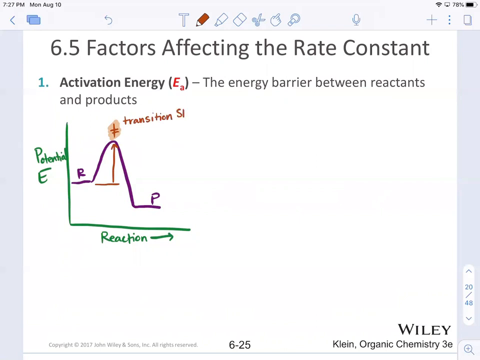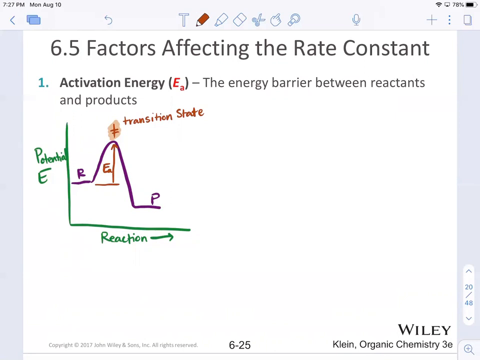And the amount of energy separating the reactants and that transition state is what we call the activation energy. So it's the minimum amount of energy required for a molecular collision to result in a reaction. And that energy barrier is required for the collision to be effective.